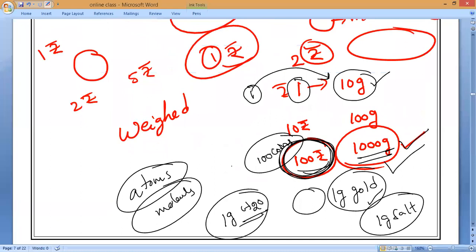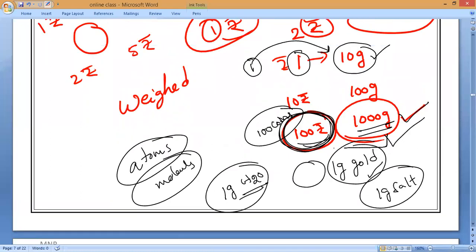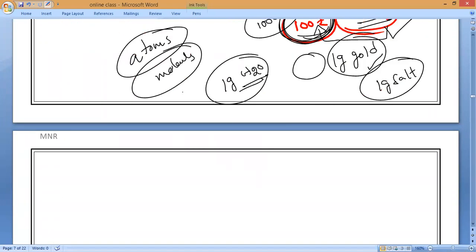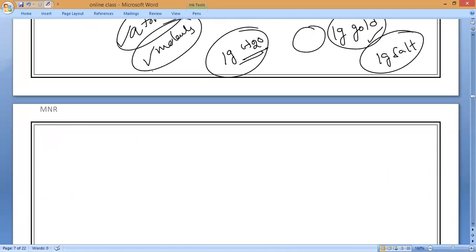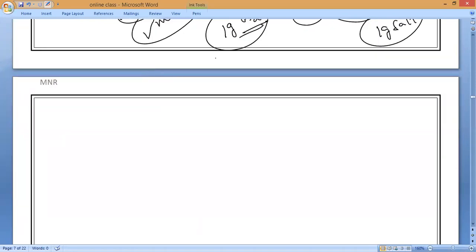In the same way the bank employees use mass relating to the number of coins, the mass of a given compound is related to the number of atoms and molecules. What is that concept called? Mole concept.